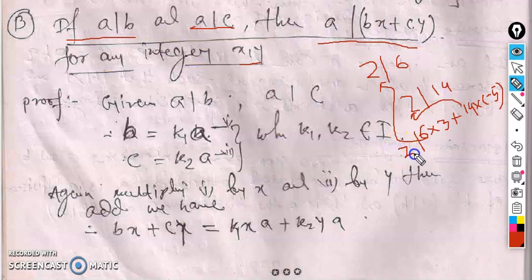Nothing to prove and you should not calculate anything, because again we repeat the concept: 2 is a divisor of 6 and 2 is also a divisor of 14. Therefore any integers you multiply with these two numbers, and add, the total resultant should be divisible by 2. That's why we use this theorem.